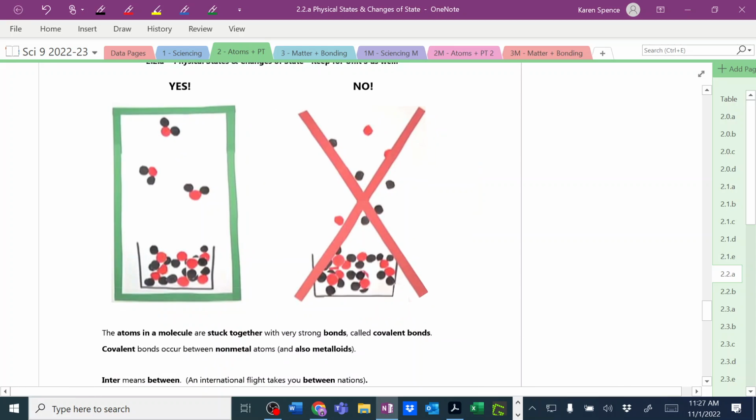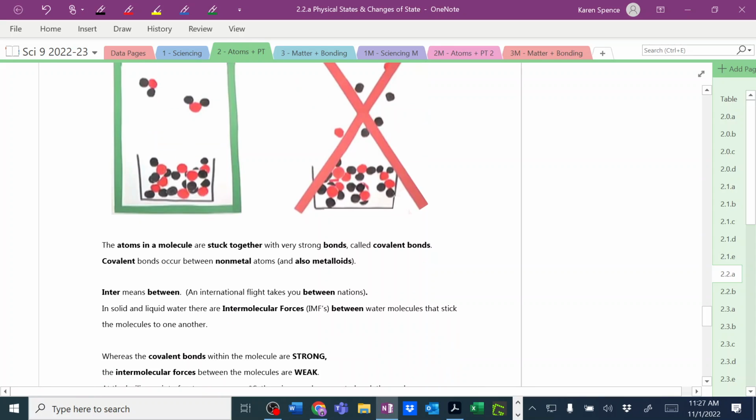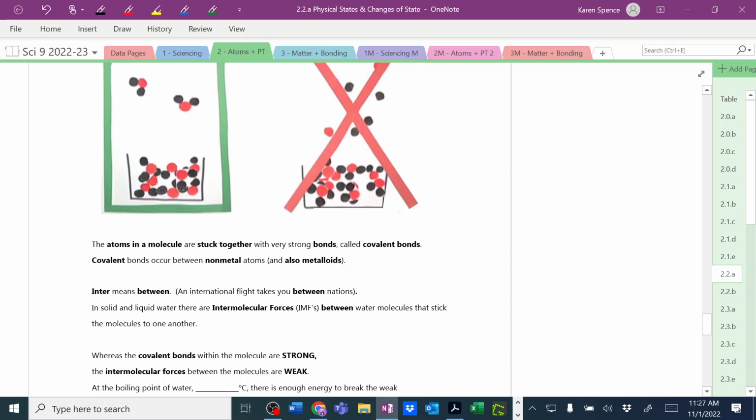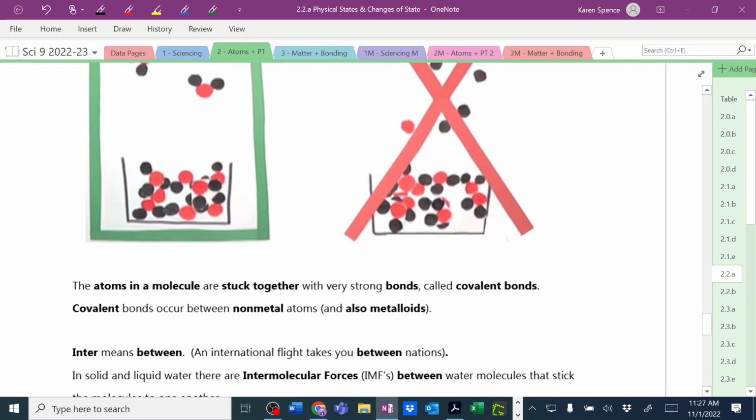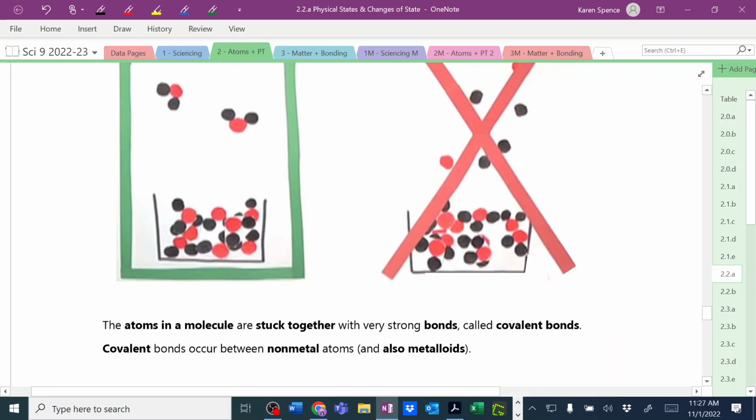All right, and we can just see these pictures that Tyler provided us with. The atoms in a molecule are stuck together with very strong bonds.